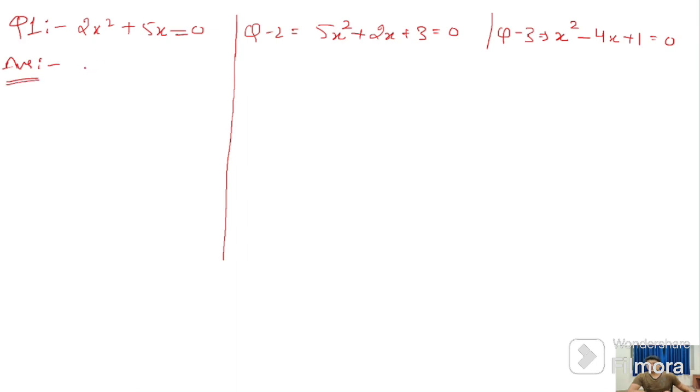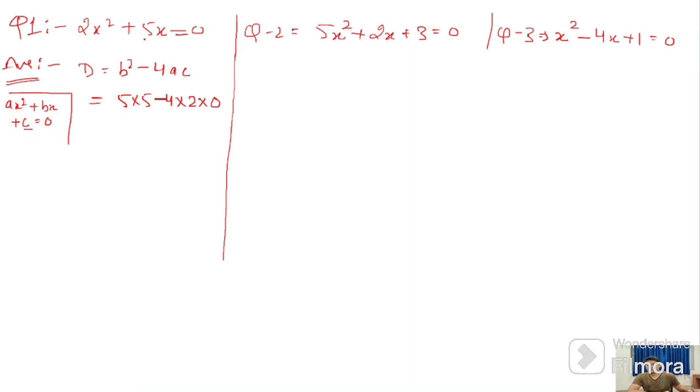As I told you, we must find the discriminant, which is b square minus 4ac. What is b here? b is 5. So 5 into 5 minus 4 into a, which is 2, into c, which is 0. The general equation is ax square plus bx plus c equals to 0, where the coefficient of x square is a, the coefficient of x is b, and the coefficient of x to the power 0, meaning the constant, is c.